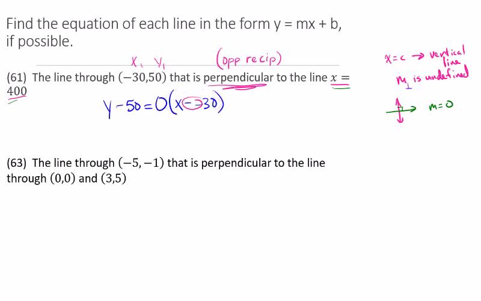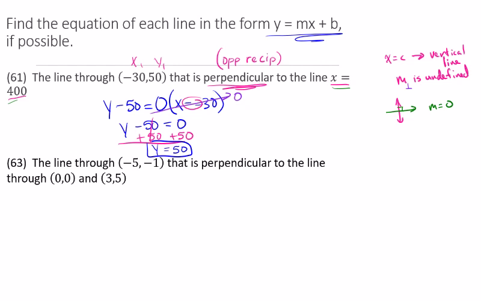So this whole thing will cancel out to 0, and I'll just get y minus 50 equals 0. All I need to do is add 50 to both sides, and I get y equals 50, a horizontal line, and that's in slope-intercept form. We could write it as y equals 0x plus 50, but this is a simplified version of that.